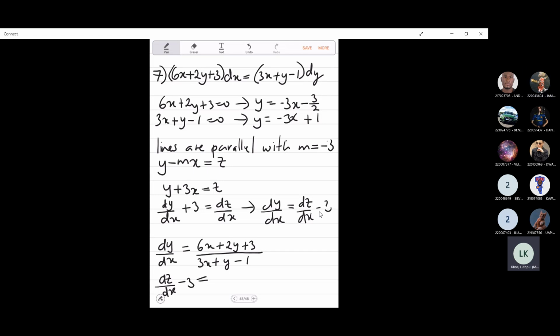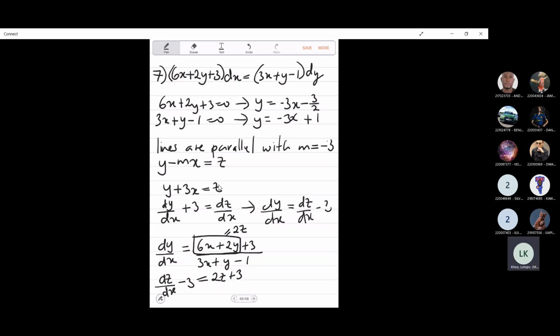This is 6x plus 2y. What I have is y plus 3x. So if I multiply this by 2, then I will have 2y plus 6x is equal to 2z. So this is equal to 2z. So I have 2z plus 3.